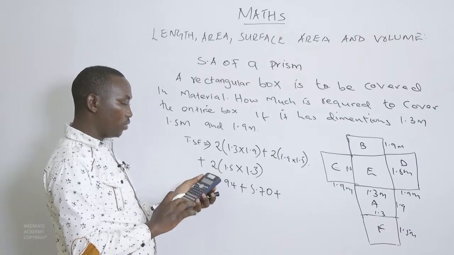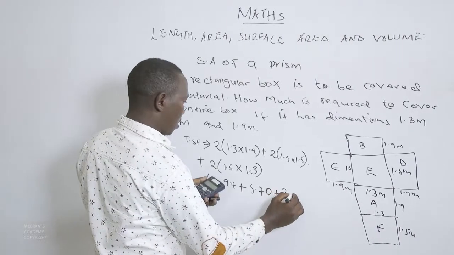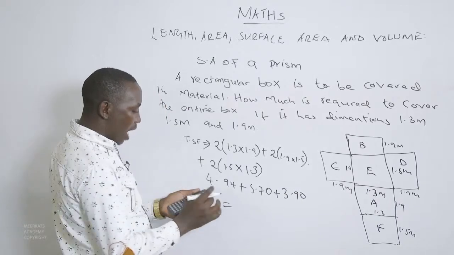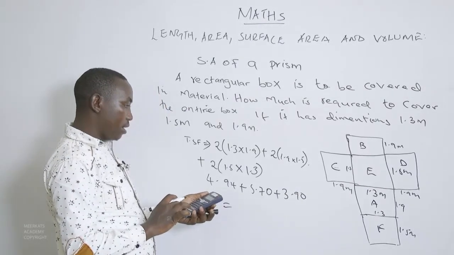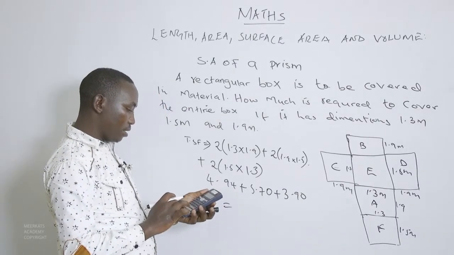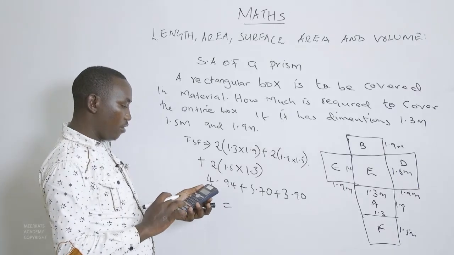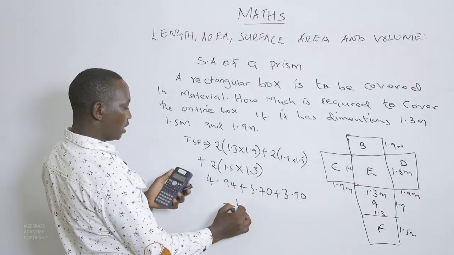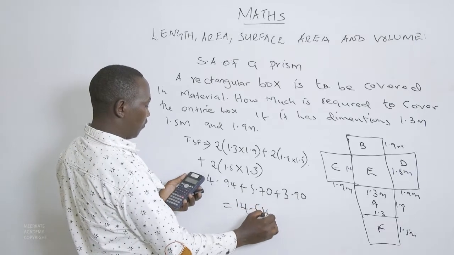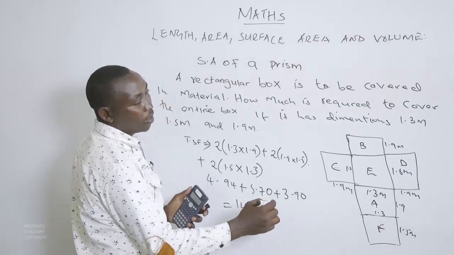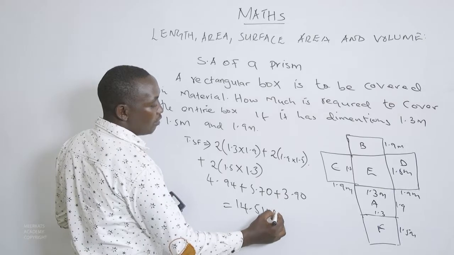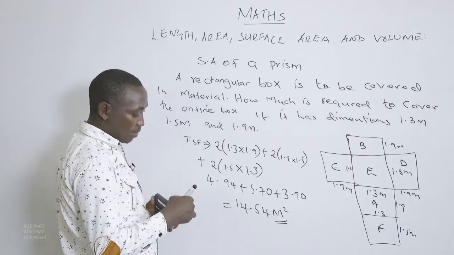When multiplied by 2, it gives us 3.90. So when you add the three, 4.94 plus the others will give us 14.54. And because the units were in meters, we shall have square meters.